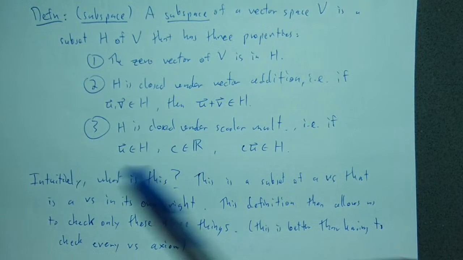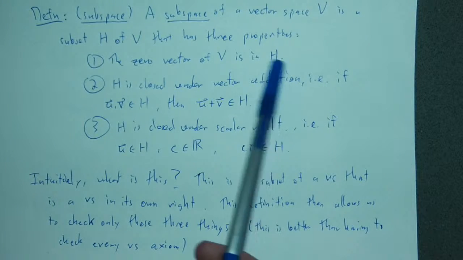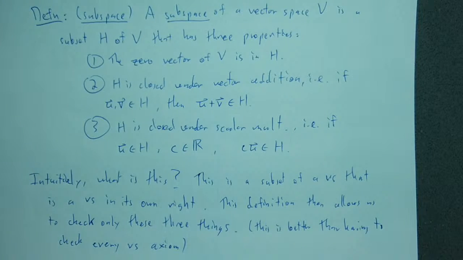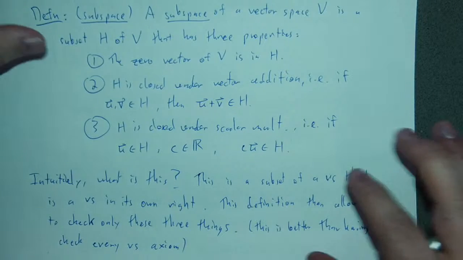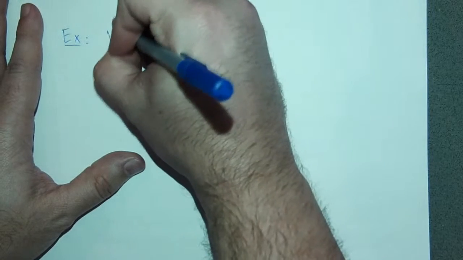And so all we have to do is check that it contains a zero vector and it's closed under vector addition and scalar multiplication. That's it. So let's see some examples of subspaces. There's also going to be some confusing things I can ask about subspaces, but I will wait. I might go ahead and ask one. So here's an example. What is the simplest possible subspace of a vector space?